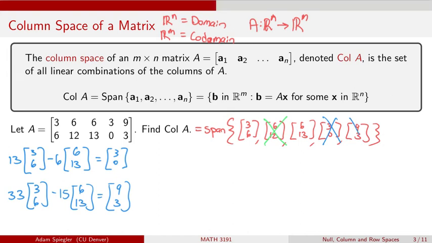So this means that we could also remove the vector (9, 3) from this list of vectors, and the column space of A we can write more succinctly as the set spanned by the vector (3, 6) and the vector (6, 13), and the additional vectors are already linear combinations of these two vectors. So this is all we would need to list to get the entire column space from matrix A.